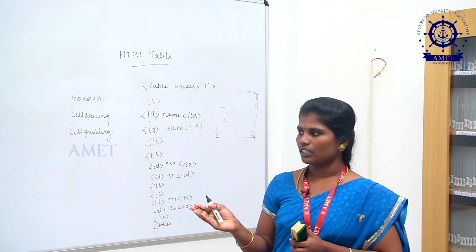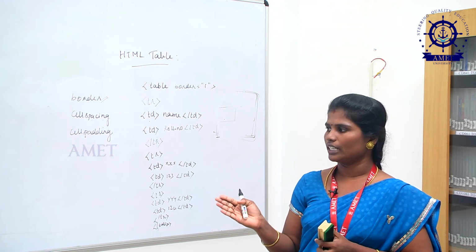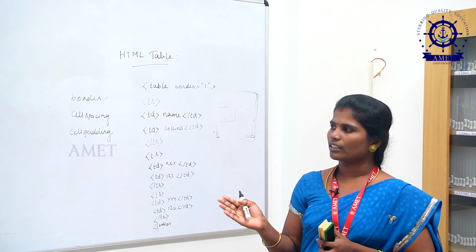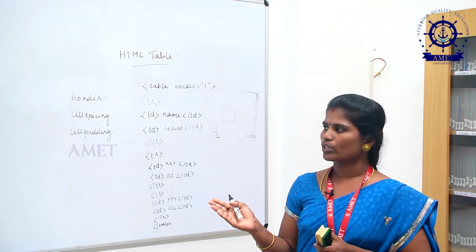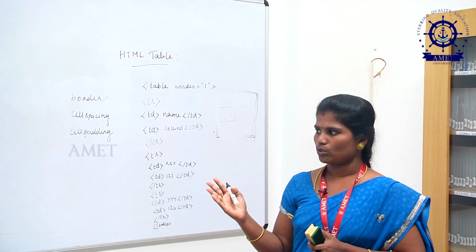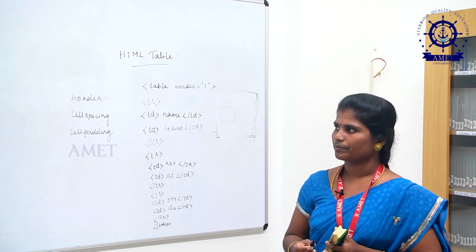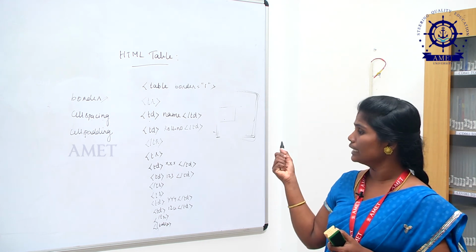So, what happened? It will give a space between the cells, that should be 10. And then see in the third one you have seen cell padding, which is used to give a space between the content and its border. So, there also I have given 10. So, these are the attributes which we are using in table.